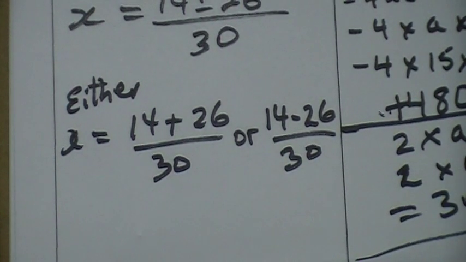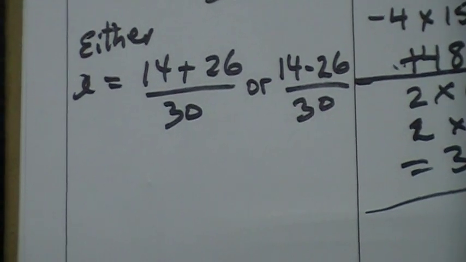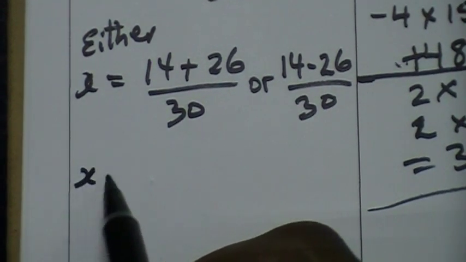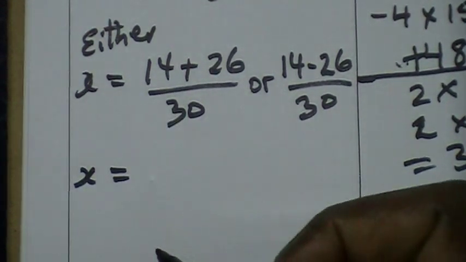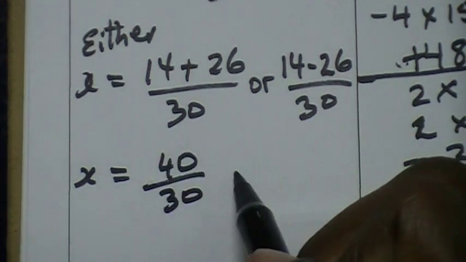Let's solve that. The first gives us 40 divided by 30.